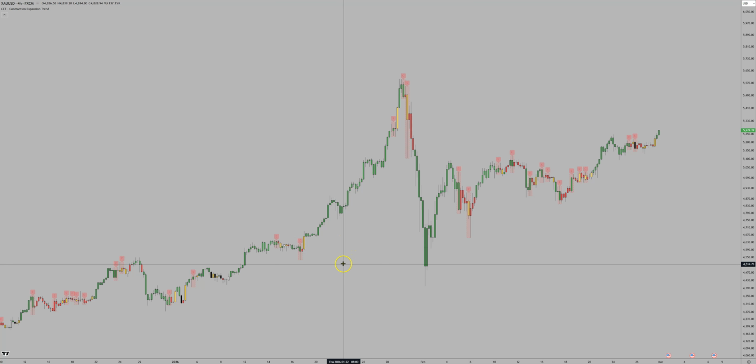But to understand this, we must implement 2 very important rules. As you see, there are a lot of C's here all the time, right? Because it's consolidated a lot of times. So the first rule is this. If we have a wave, A to B to C to D, if you're a wave trader, you know what I talk about, right? This is a wave from A to B. It ends here.